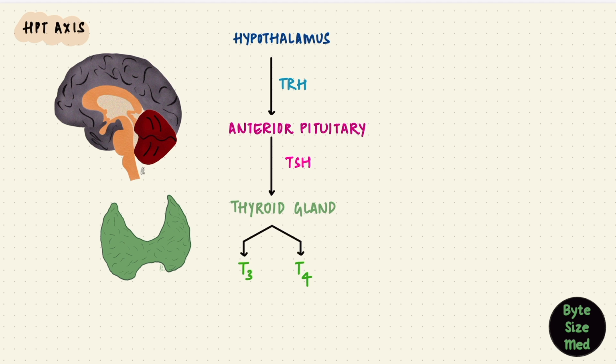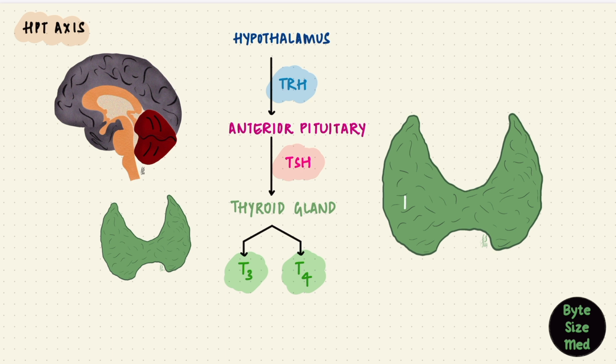Now that's just a general overview of this axis, but once you've understood how it works, the next step is getting to know what happens in different pathological conditions, hyper and hypothyroidism, because the levels of these hormones will obviously change, and the careful assessment of the levels of these hormones in relation to each other helps in understanding the status of thyroid gland function.